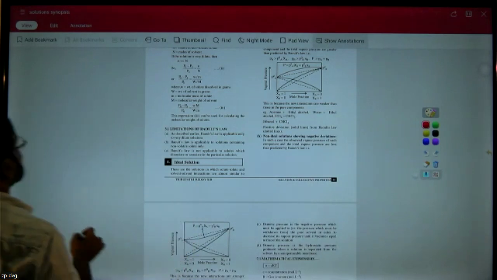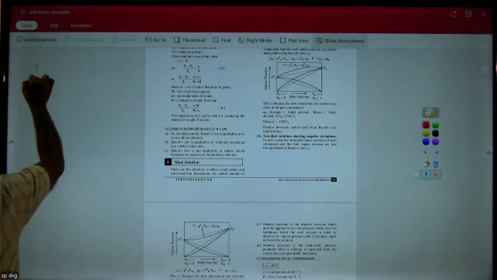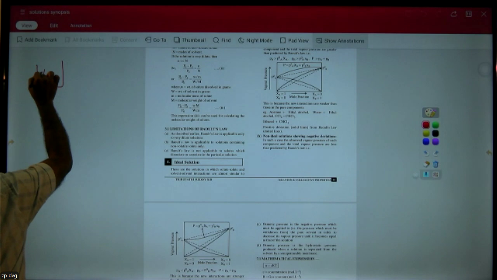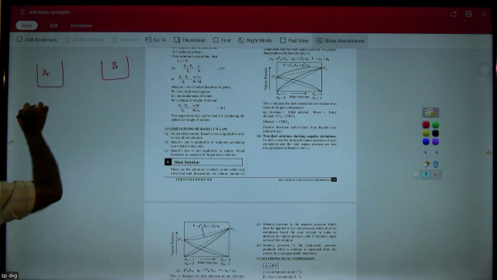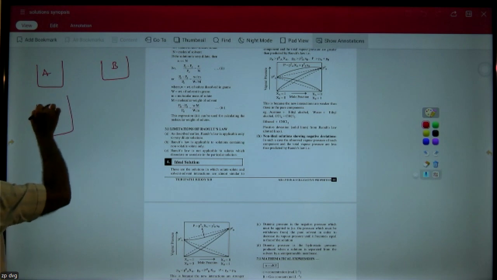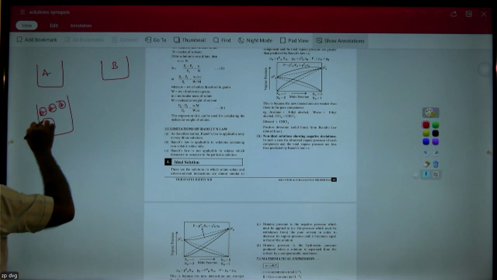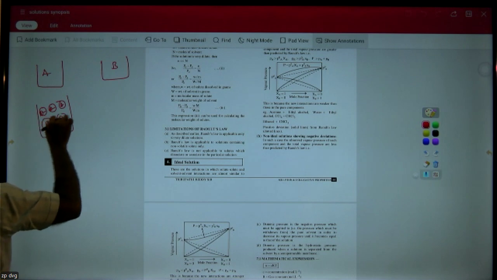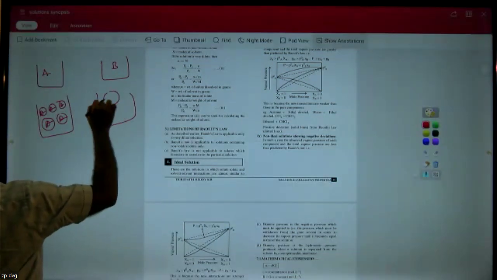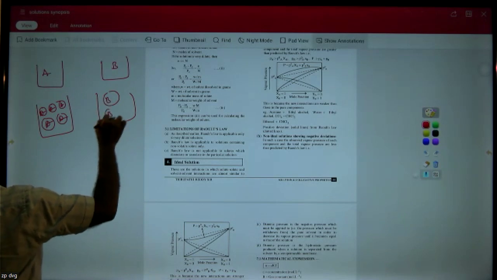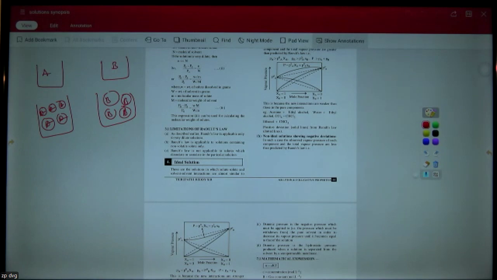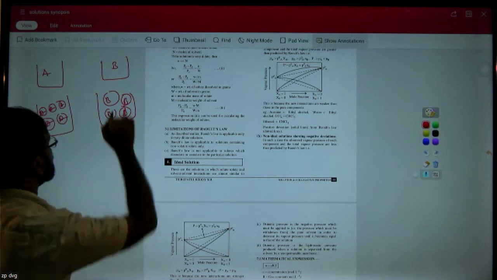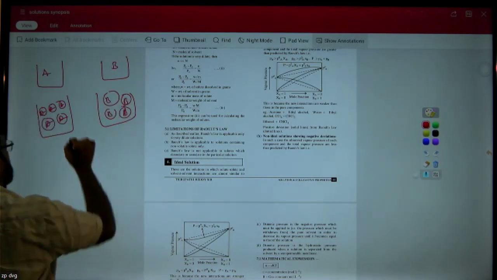Whenever they show positive deviation, for example, here A solvent is there and B solvent is there. A has AA type of interactions. B has BB type of interactions.